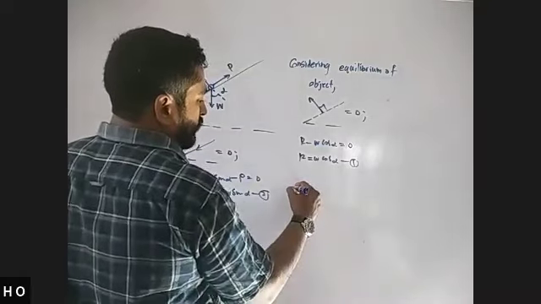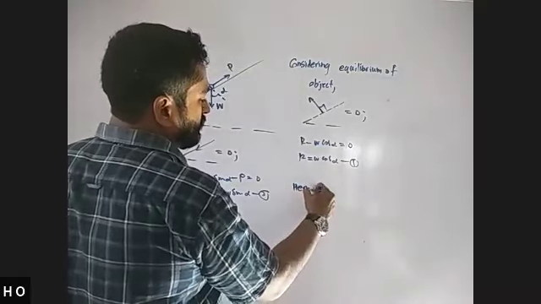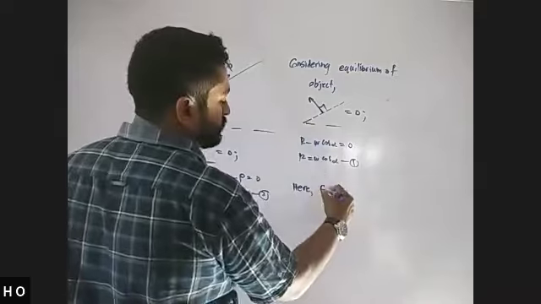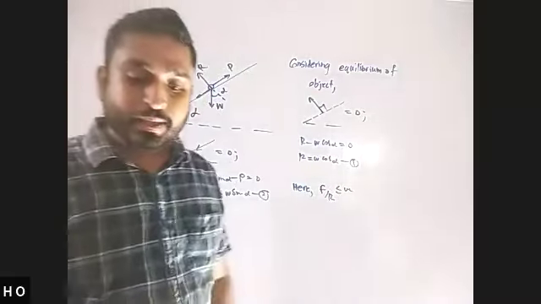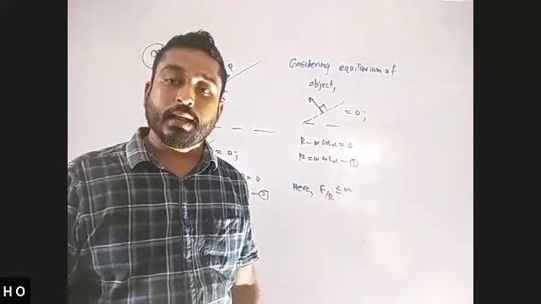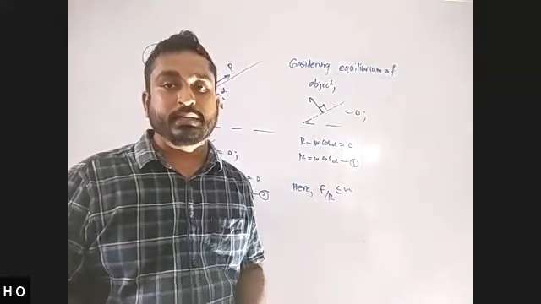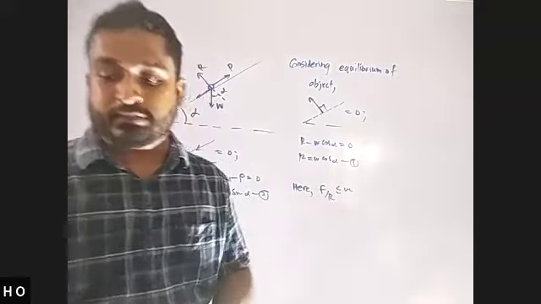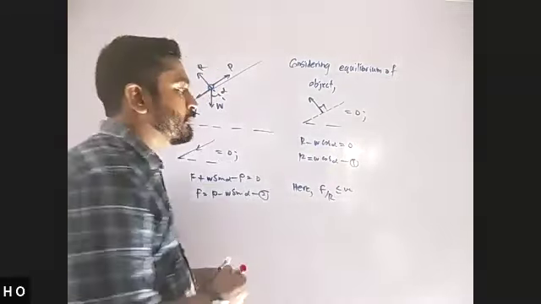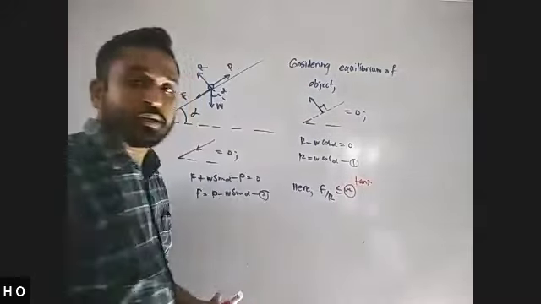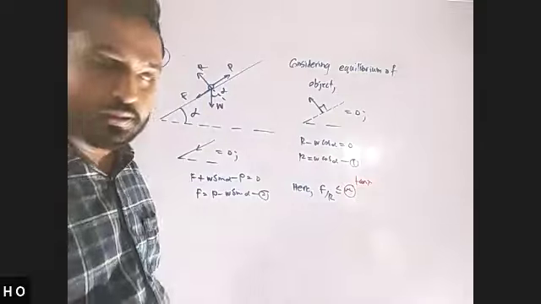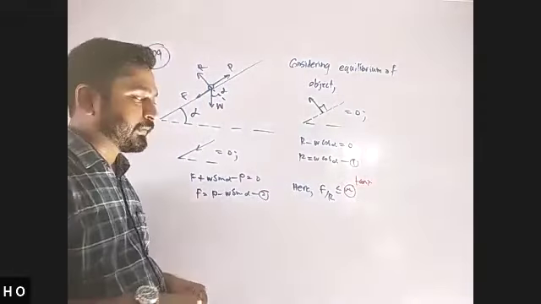So you can argue here it is equilibrium now, so F over R should be less than or equal to mu. They have given lambda, which is the friction angle. By the way, you know that mu is also tan lambda. That is the connection between mu and lambda. So let us argue with tan lambda instead of mu.